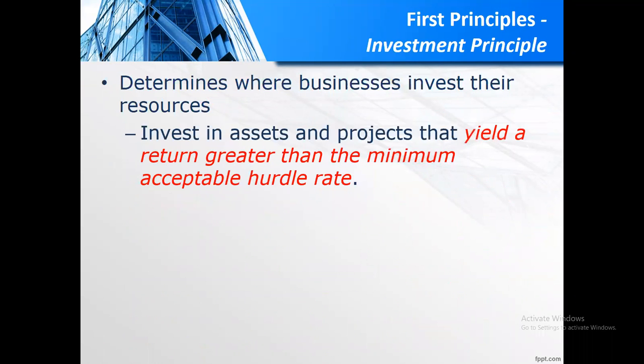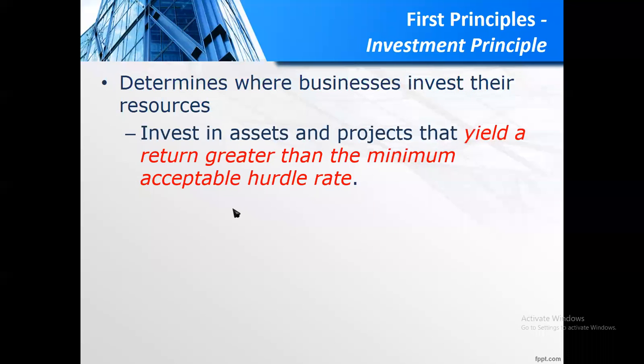Okay, so just to summarize this, guys, the first principles, the investment principle, we say that it's important to determine where to invest in. And we have the finance dictates that the firm should invest in assets that yield a return greater than the minimum acceptable hurdle rate. So this is your WACC.